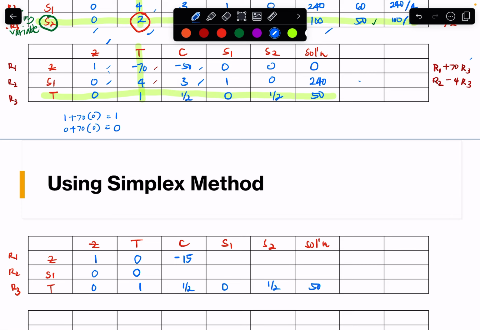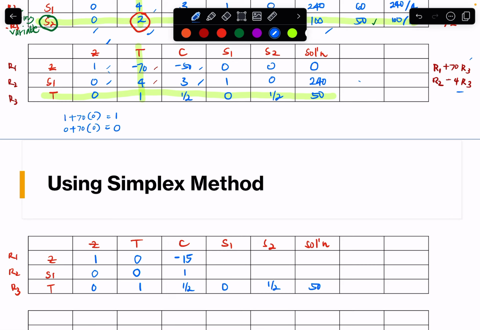Following this formula, 4 times 1 half is 2. And R2 is 3, so that makes it 3 minus 2, which is 1.